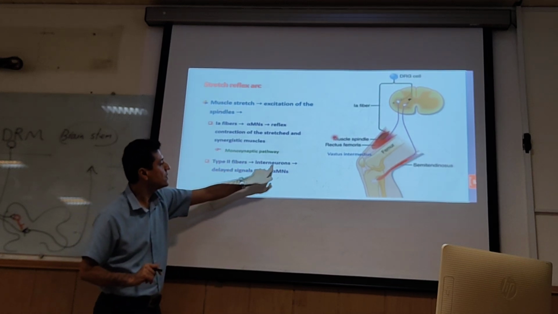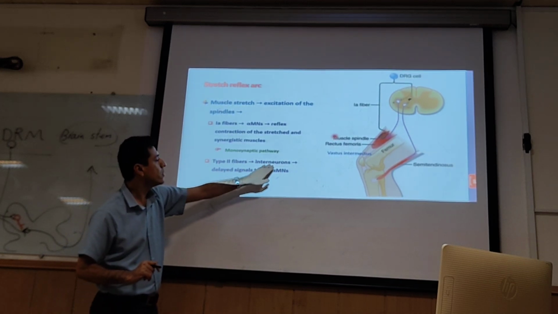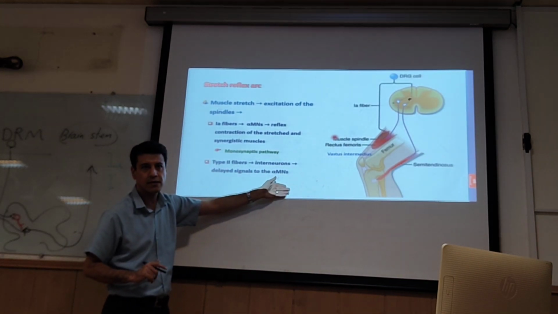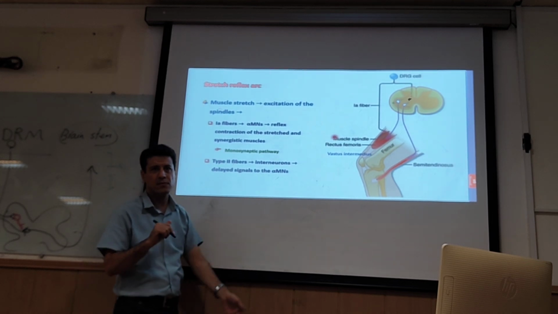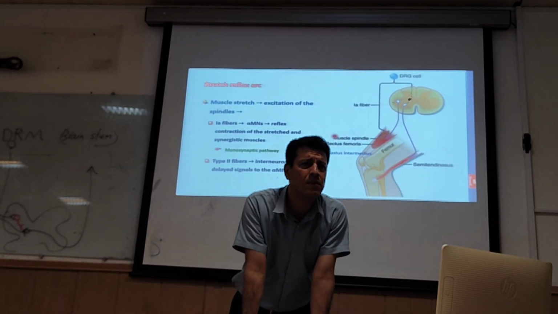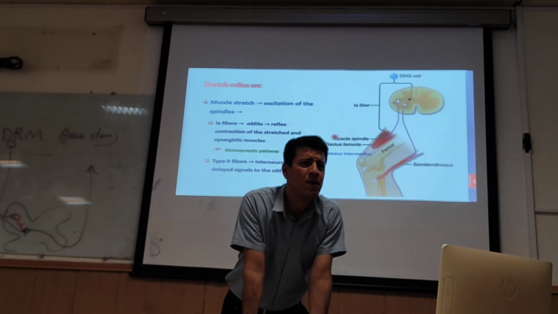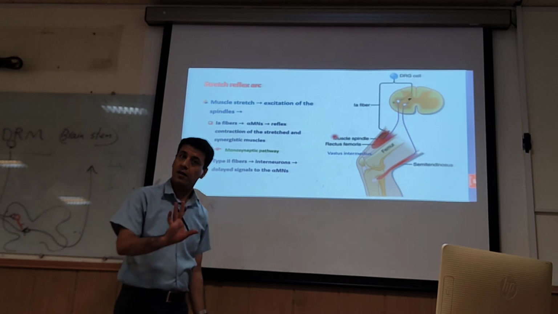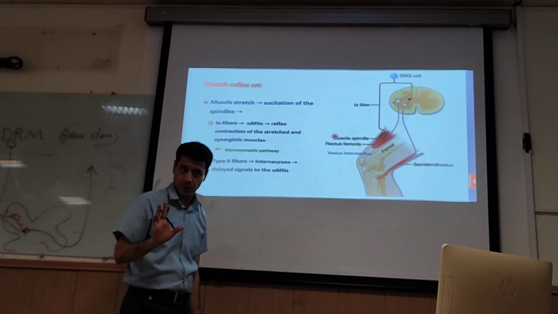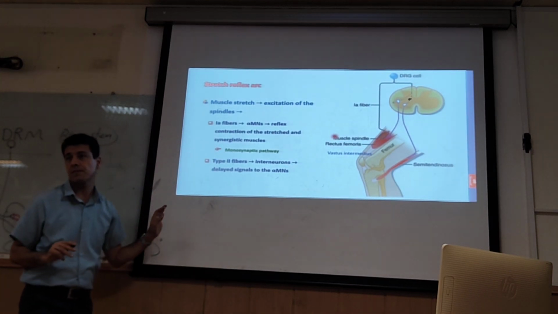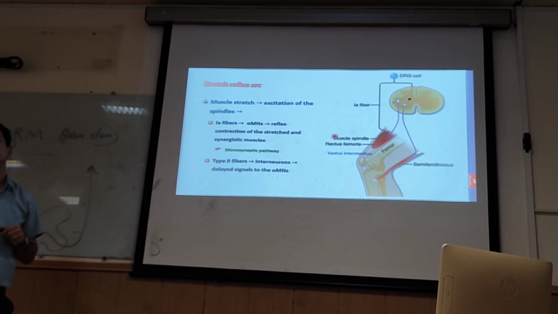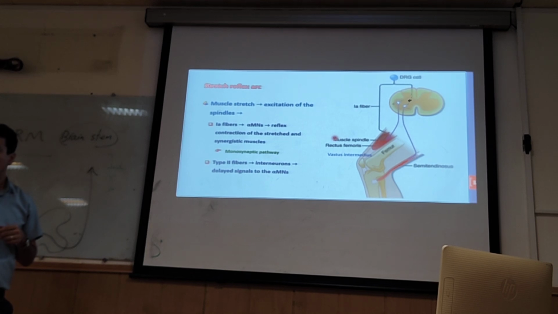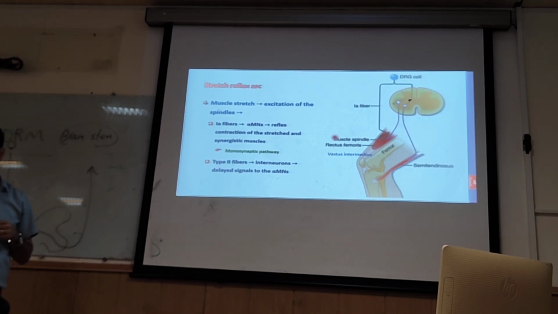My question: why don't they send the signal to the gamma fiber? Gamma fibers are not activated by the muscle spindle. I'll tell you. The 1A fibers are the 5% that you were talking about that go directly to the alpha motor neuron.